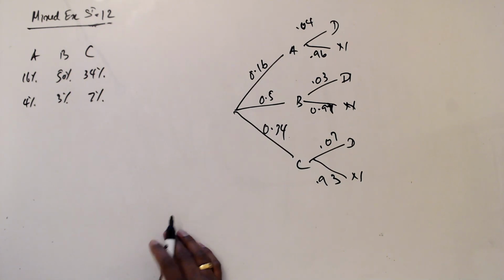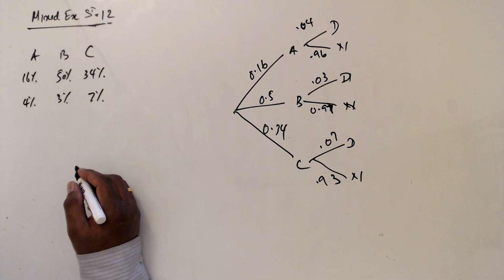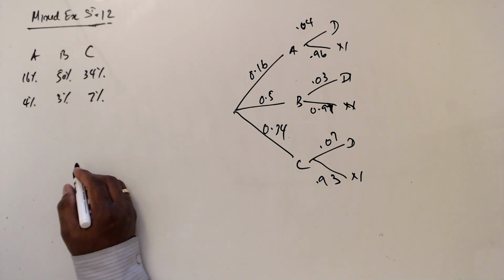Now draw the tree diagram and represent it, and find the probability that a randomly selected component is produced by machine B and defective.